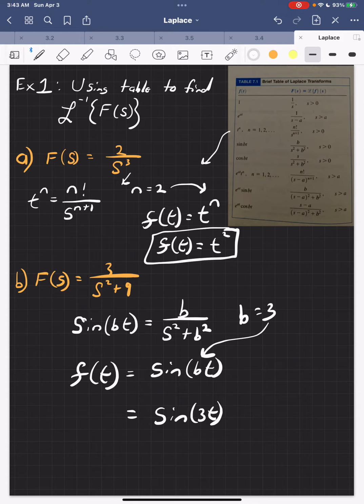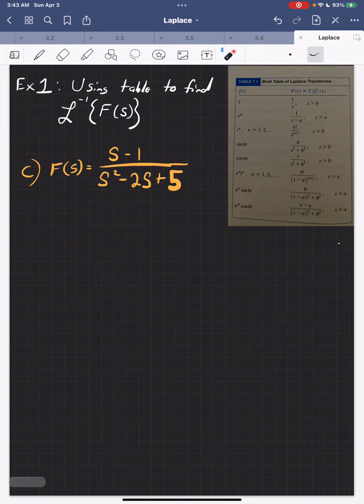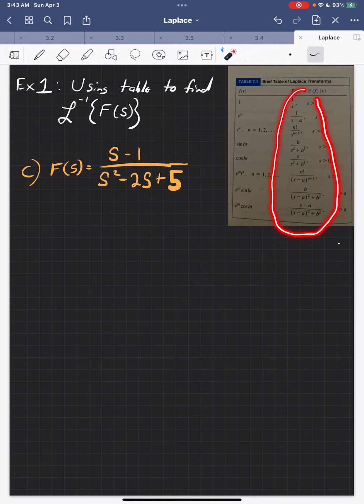Okay, so for this next one, I'm going to have to take a quick detour and make sure you recall basically a pre-calculus topic, but you can see that this is not matching any of the forms of the Laplace transformations from table 7.1.